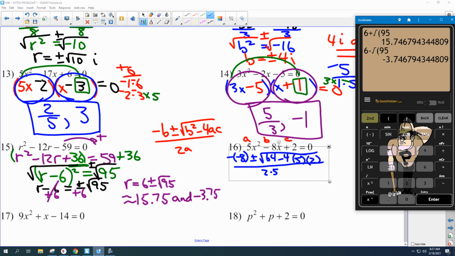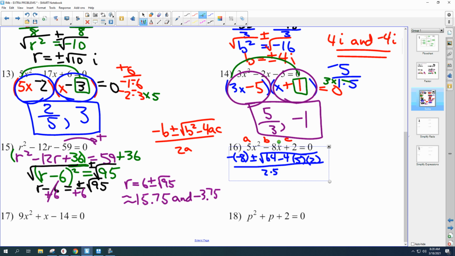What I like to do is go inside the square root right there. 64 minus 4 times 5 times 2 gives me 24. So inside my square root there is 24. I'm looking at 8 plus or minus square root of 24 over 10.